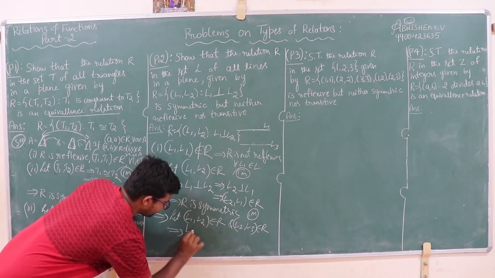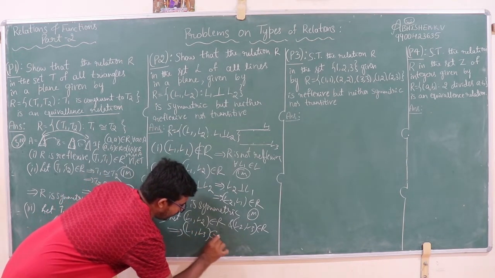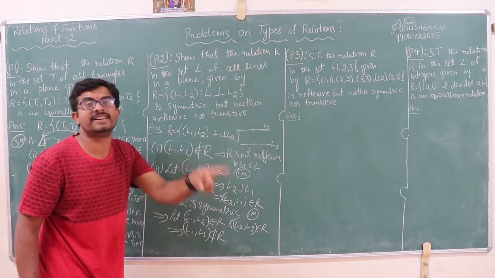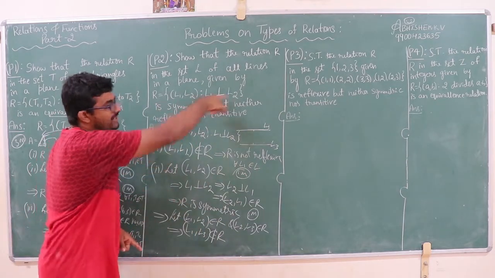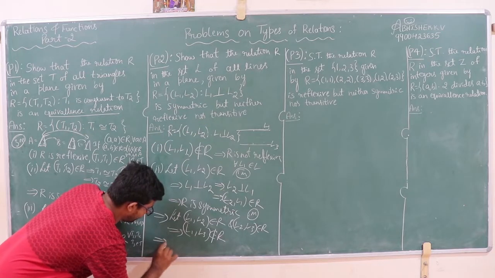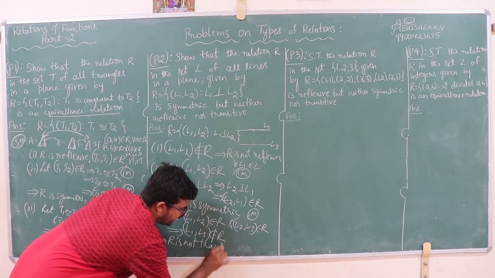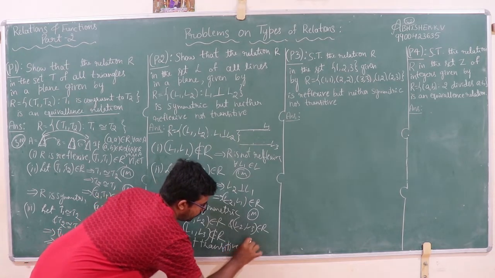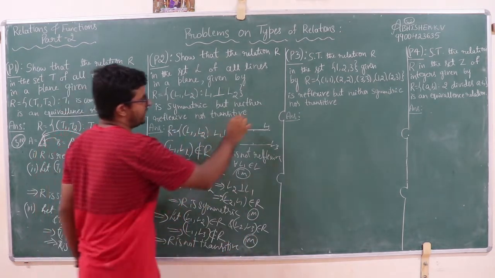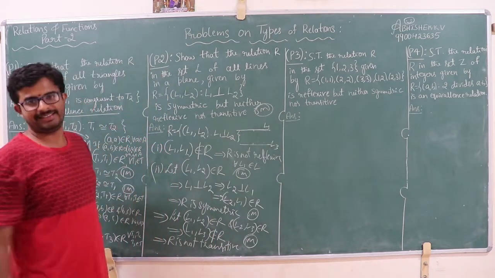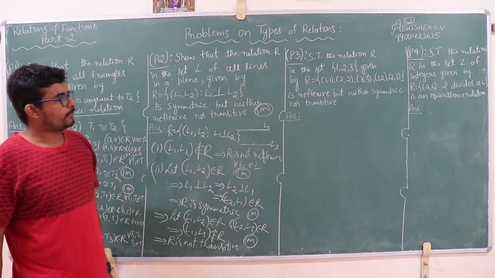So (L1, L3) does not belong to the relation R because L1 is not perpendicular to L3. That is, L1 is parallel to L3. This fails the given relation. This implies R is not transitive. Again for this you will get 1 mark. So this is also a 3 marks problem for your annual examination. I hope you are all getting this. Yes, look at the next problem.